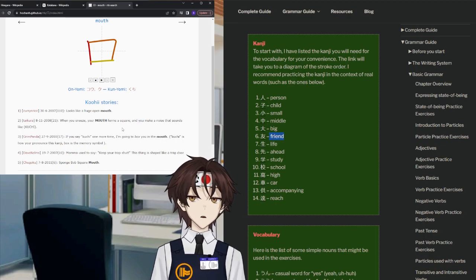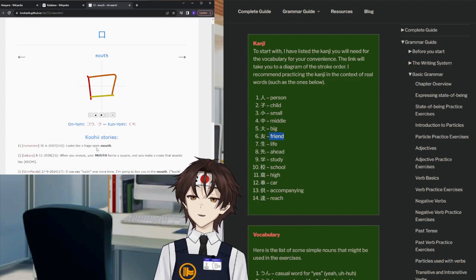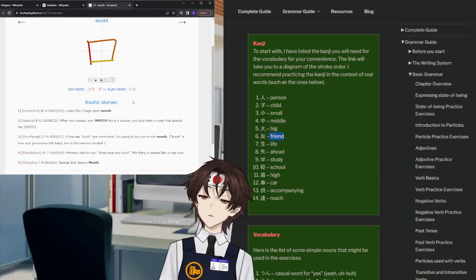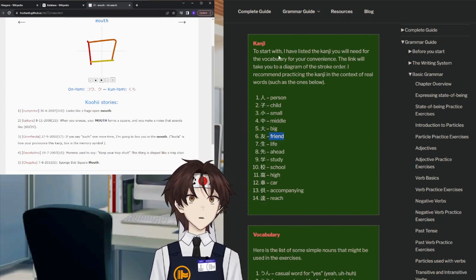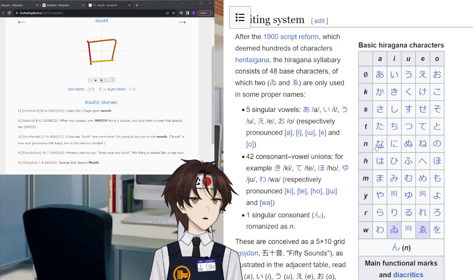No, mouth. Oh yeah, I wanted to learn how mouth is sounded out. I see this a lot. No. Hiragana.